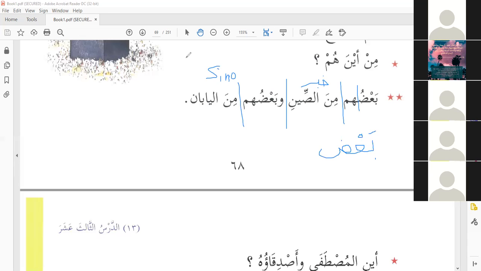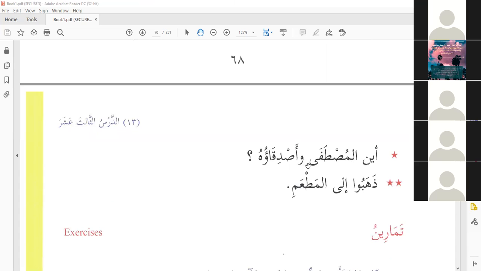Fairly straightforward. And then the last thing, أَيْنَ الْمُصْطَفَى وَأَصْدِقَاؤُهُ. Where is al-Mustafa and his friends? So we have our last plural here, which is Sadiq, friend. If you've ever gone to Medina, you know that most of the South Asian residents of Medina say, yeah, Sadiq, Sadiq, they call you friend, which is different from how Arabs usually address you.